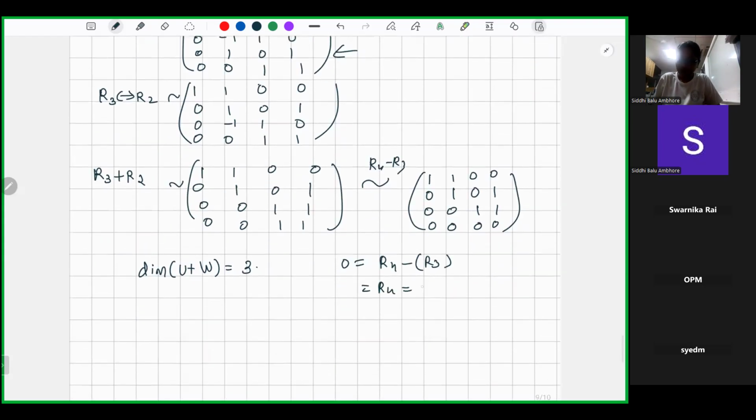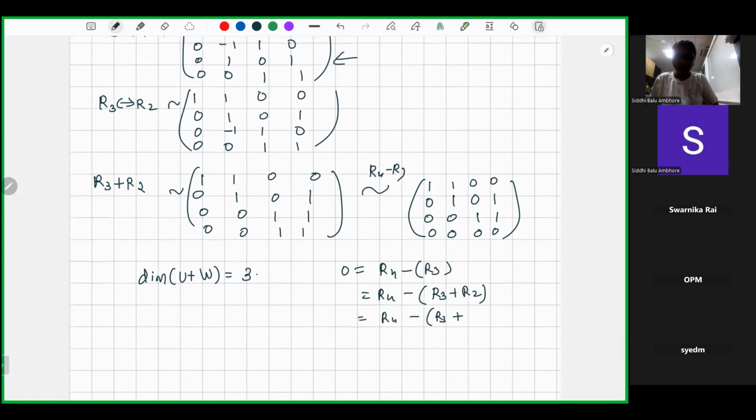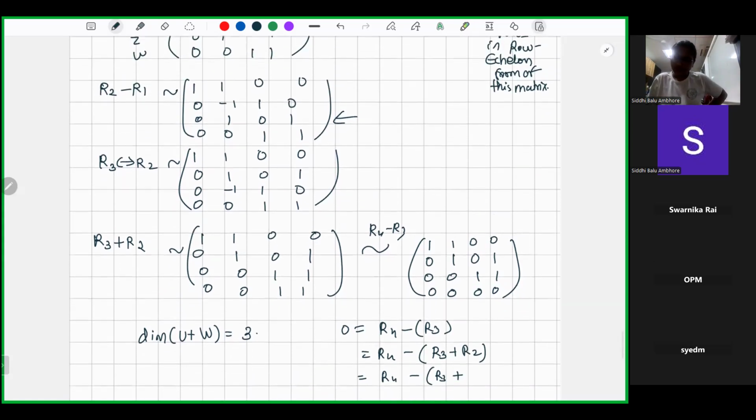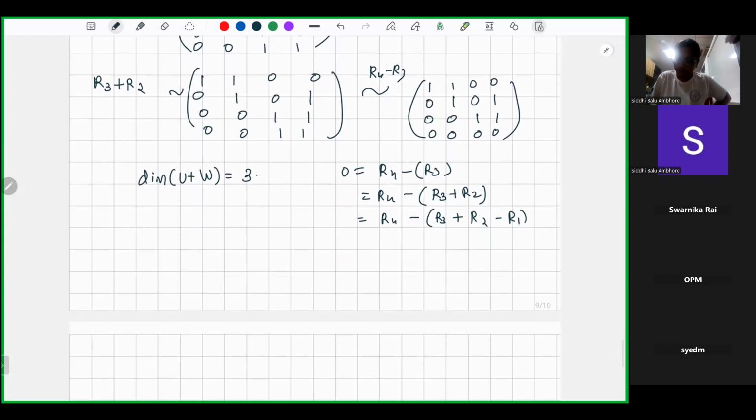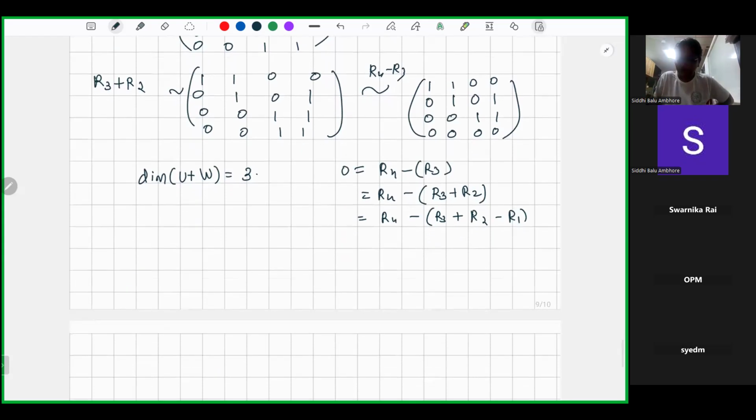And R3 was R3 plus R2. I don't know what I'm doing, but I'm just trying to do something. And R2 was R2 minus R1. And this gave me 0. So I get R4 is equal to R2 plus R3 minus R1. Is it true?